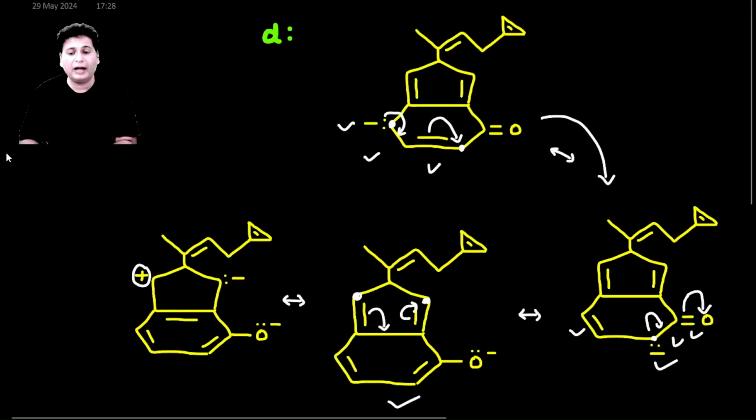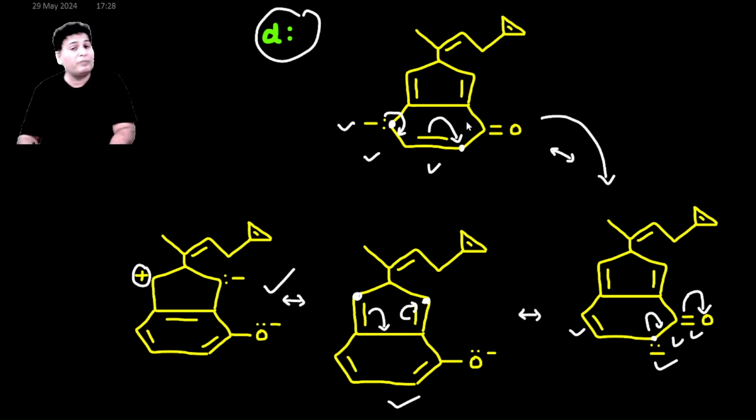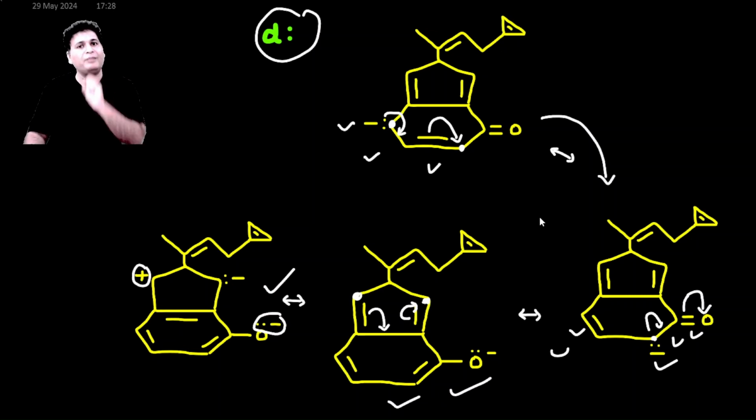On the other hand, if you see the D aromatic resonating structure, the structure having an aromatic benzene ring, you find apart from one minus charge which it had, all the previous structures all had a single minus charge.